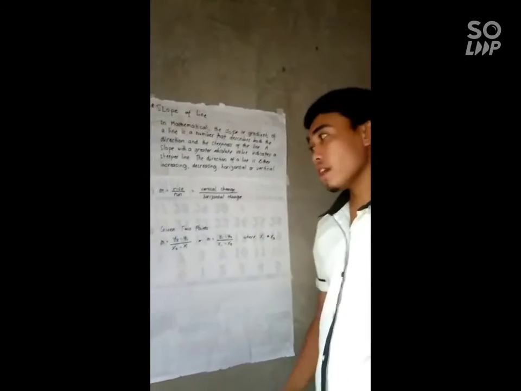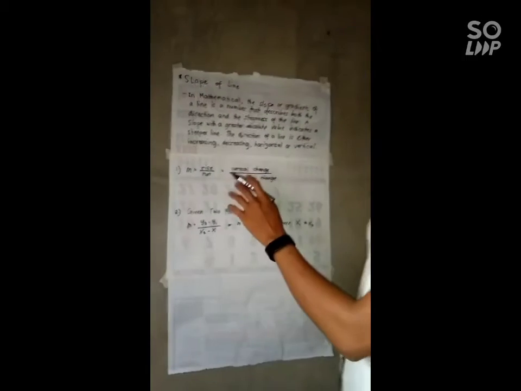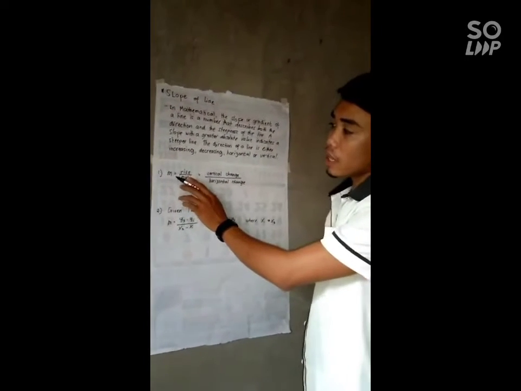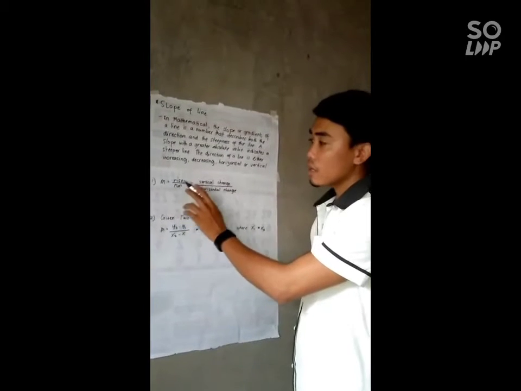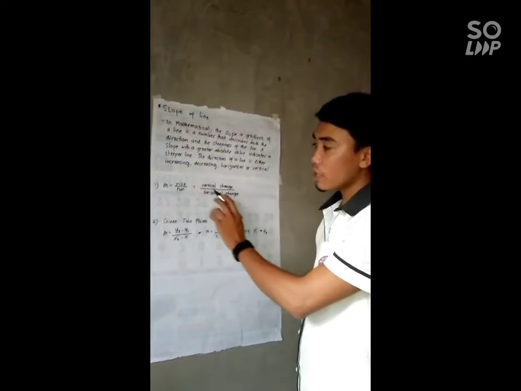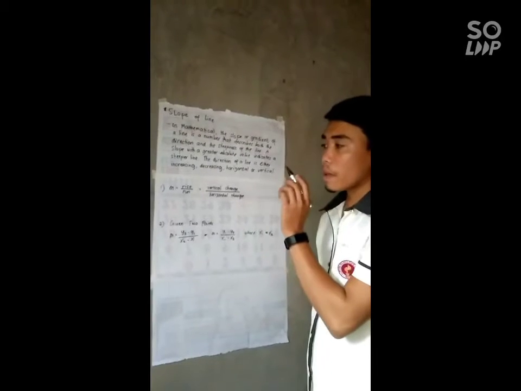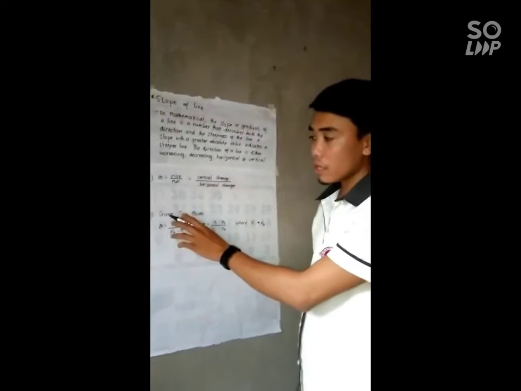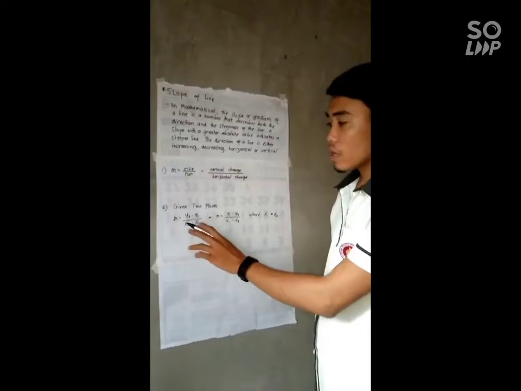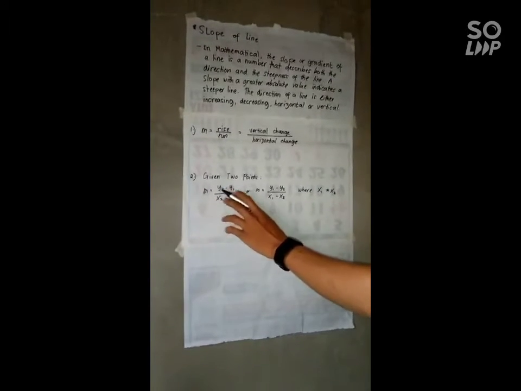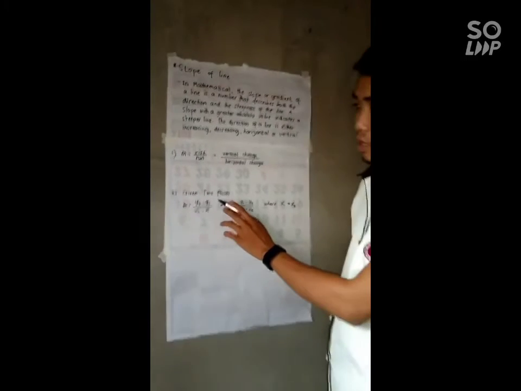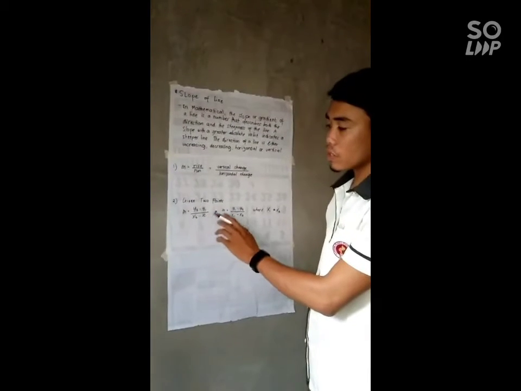There are two ways to get the slope. The first is called rise over run, or vertical change over horizontal change. The second, given 2 points, has the formula: slope is equal to y2 minus y1 over x2 minus x1.